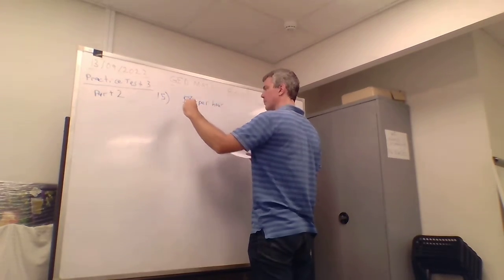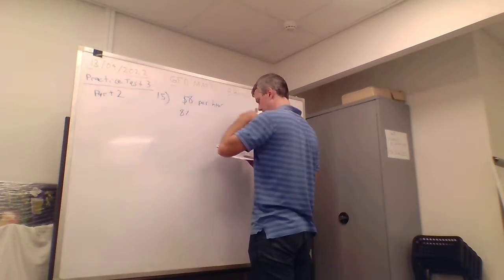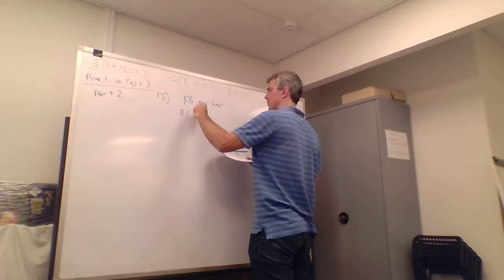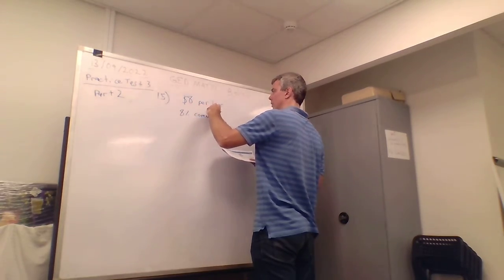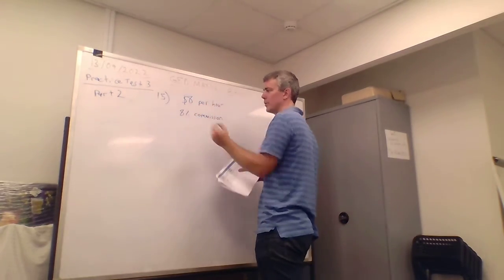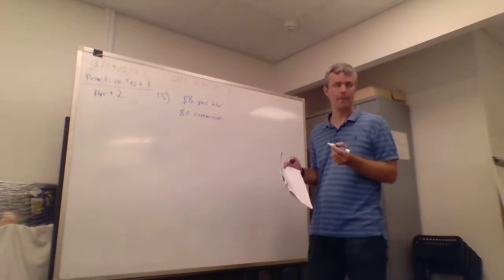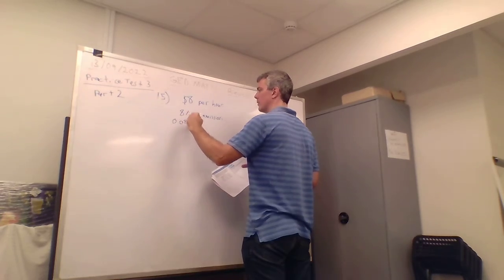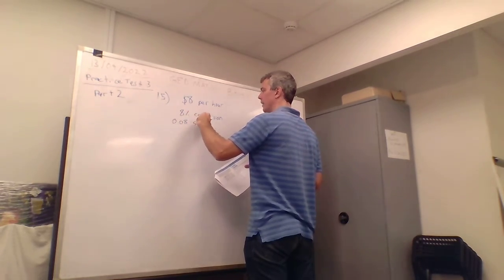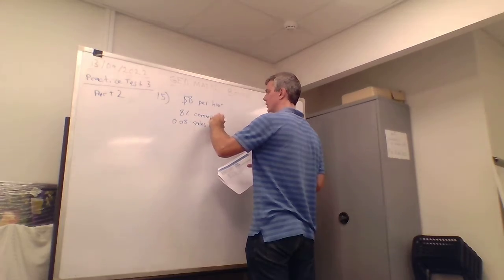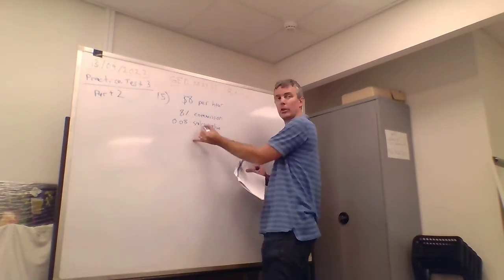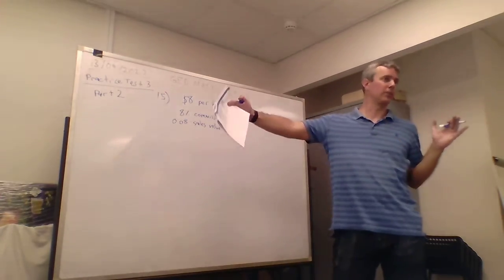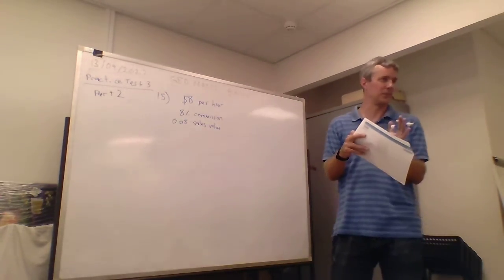And 8% commission. Now what is 8% in decimals? 0.08. That's right, 0.08 times sales value, because a commission is this percentage times the total you sell. If you sell a bigger thing, you get more commission. You sell a smaller thing, you get smaller commission, right?